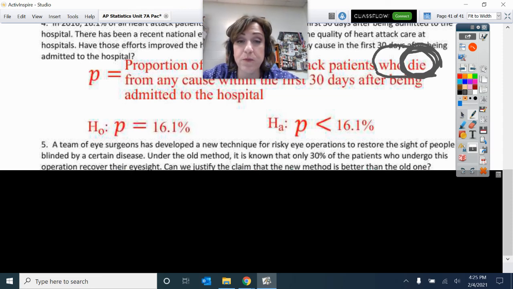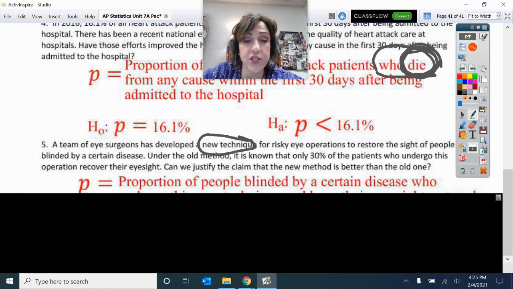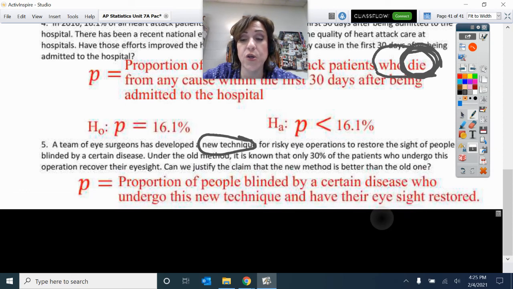So this is what's your beat. Make sure you're clear on your denominator. Let's see. This is the proportion of people who undergo this new operation. See, it's kind of an experiment. It's about this new technique. Okay, so that's my denominator. The proportion of people blinded by this particular disease who undergo this new technique. Okay, and who have their, I should just say, who have their eyesight restored.